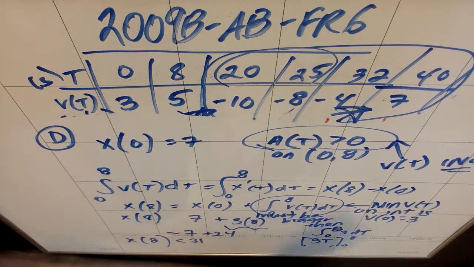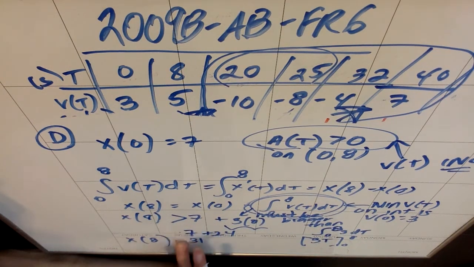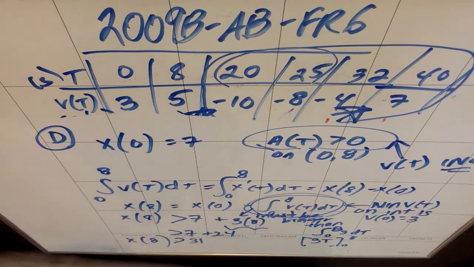Hang on, sorry, I'm slow. This value is bigger than this, meaning the actual x of 8 is bigger than 31, right? And they asked me to show that x of 8 is bigger than 30. Well, 30 is smaller than 31. So by simple math, x of 8 is bigger than 30. Sorry, my brain was slow in reverse.